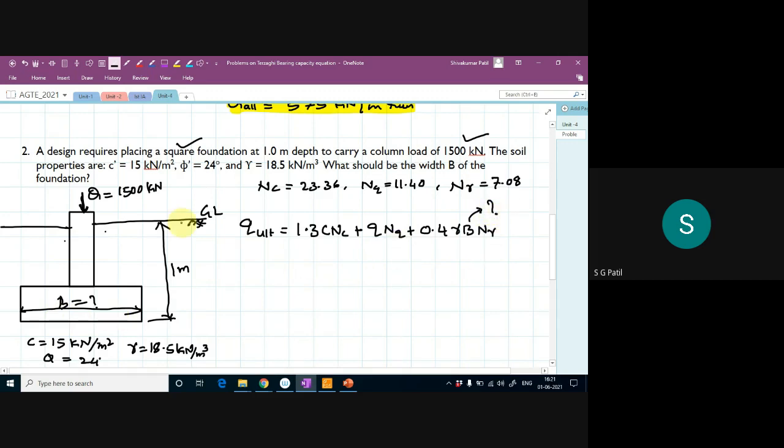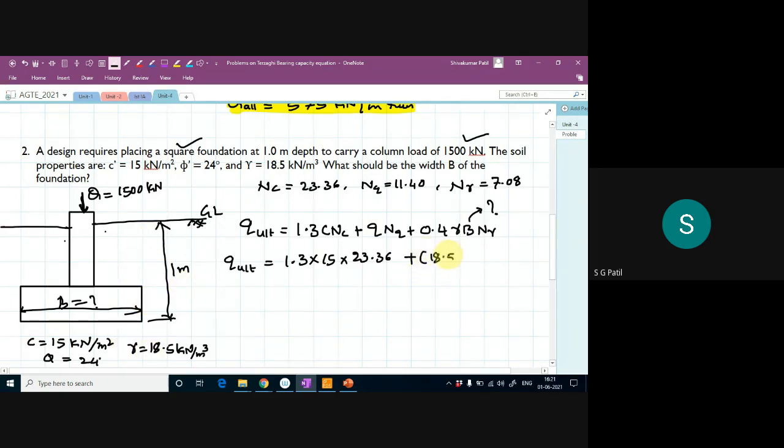So what are the parameters I know? I will put them in now. q ultimate is equal to 1.3. What is c? c is 15 kilonewton per meter square. And what is Nc? Nc is 23.36, plus what is q? q is nothing but gamma times your depth of footing.